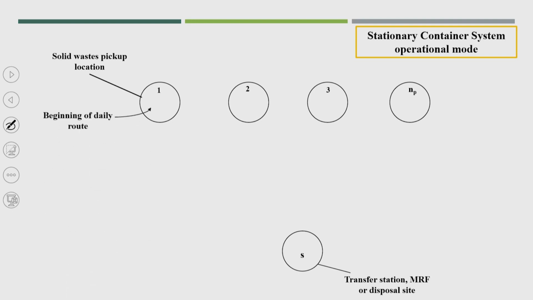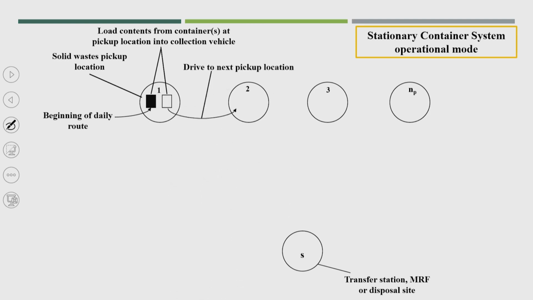The route starts from the dispatch center, wherever the vehicles are available or dispatched at night. It starts with the first location and loads the content from the container, so that the container will be empty. Then it goes to the next pickup location and does the same, loading the content from the container or dustbin, leaving an empty container at the same location.